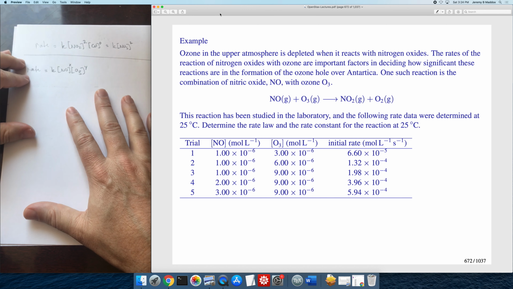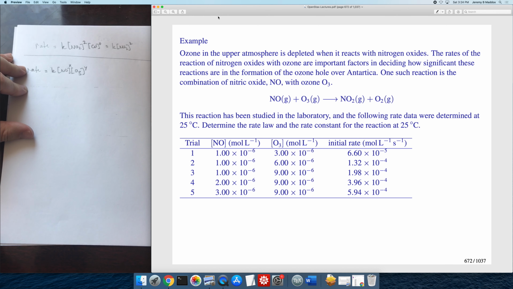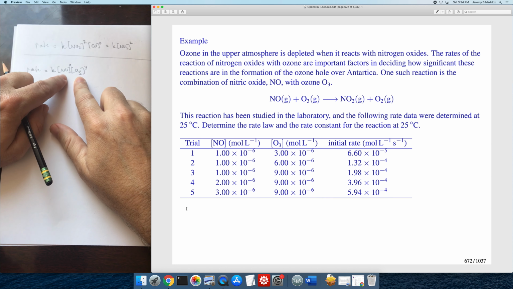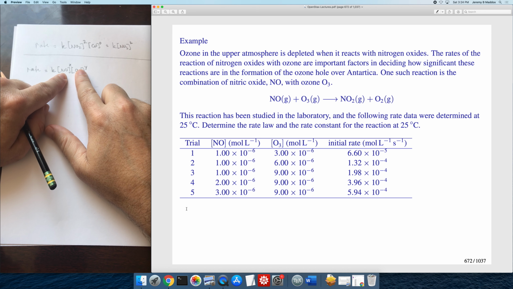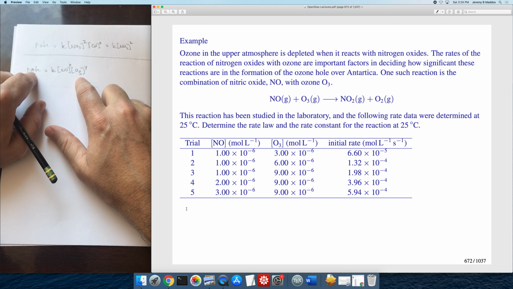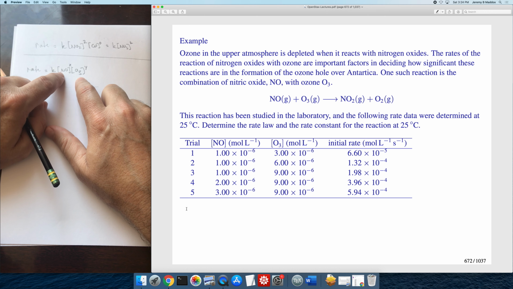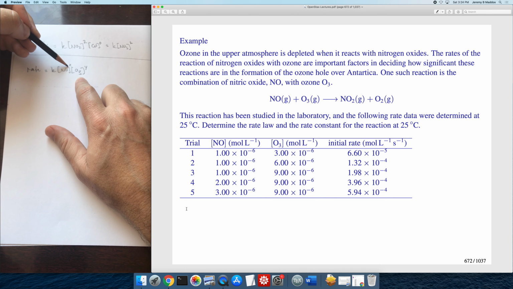Okay, so here's what you've got to do. You've got to look at these different experiments and figure out, I need an experiment where nitrogen monoxide is changing, but ozone is being kept fixed. If the ozone's being kept fixed, then any changes to the rate will be due to the changes in the nitrogen monoxide, and that's going to allow me to deduce what the value of x is.